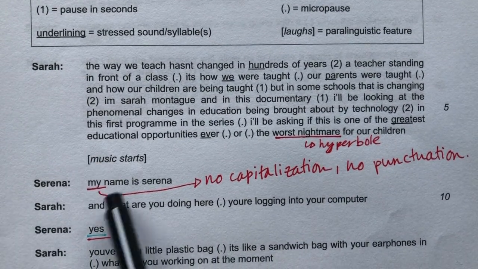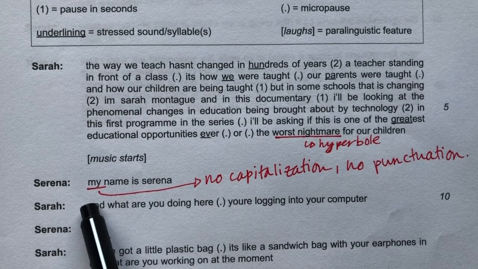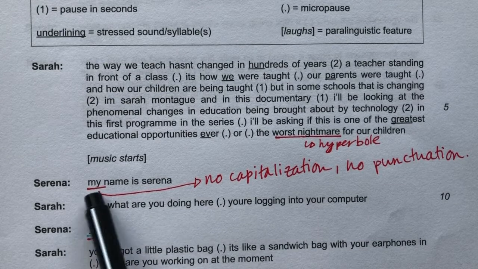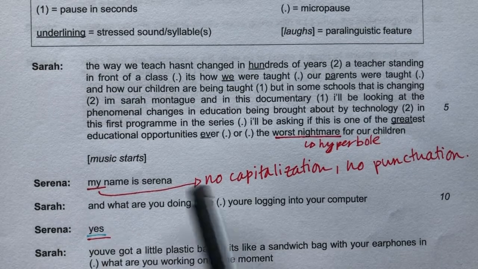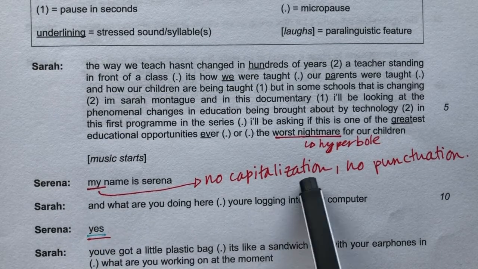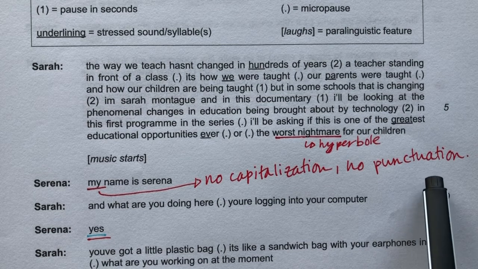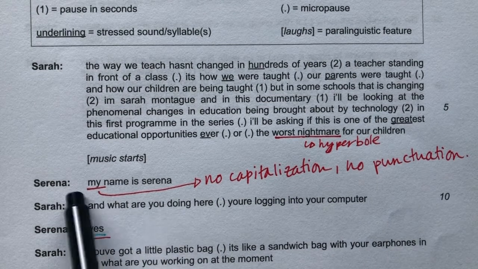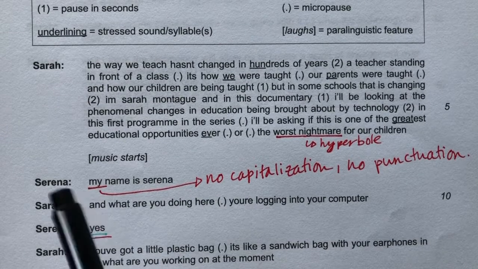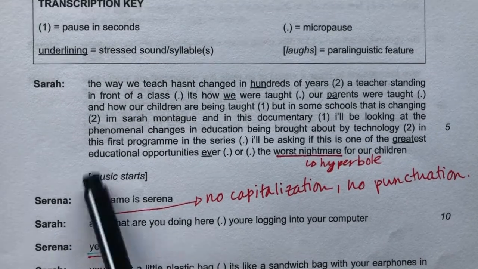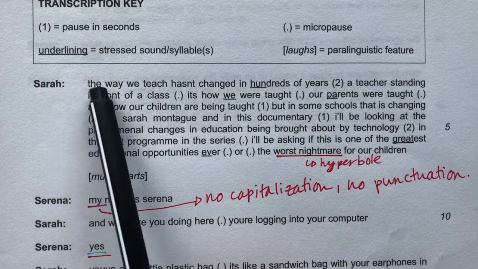And also, the second thing I noticed, that I pointed out specifically here but that you could see throughout the entire transcript, is there's no capitalization, no punctuation. For example, this is a sentence, but there's no period at the end. The first letter is not capitalized there. Here as well, you see it, no capitalization.